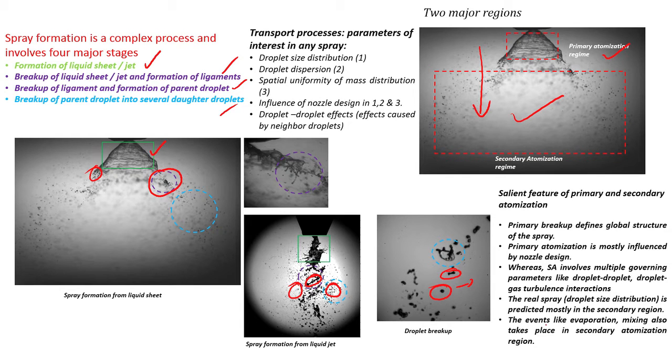Events like evaporation and mixing happen a little later, in this zone. It does not really happen there because this process is very fast. Evaporation, as we already learned, is a very slow process, and these breakup processes are very fast. They can be on the order of microseconds. The breakup process can be very, very fast itself, okay.